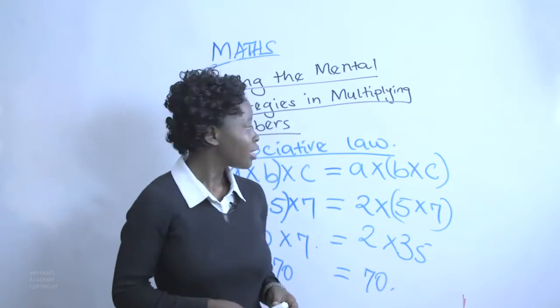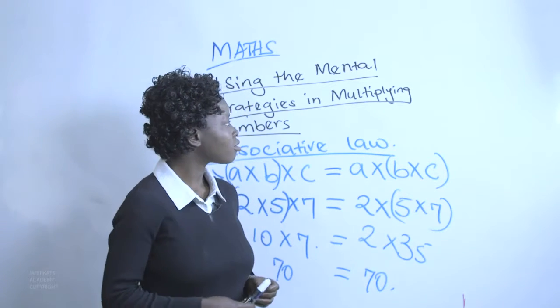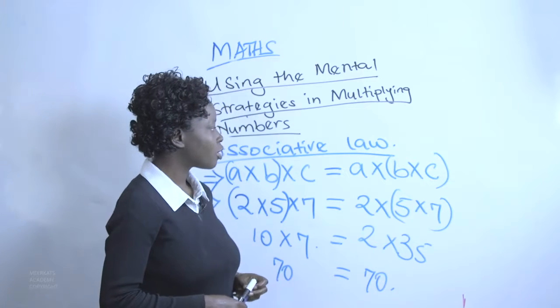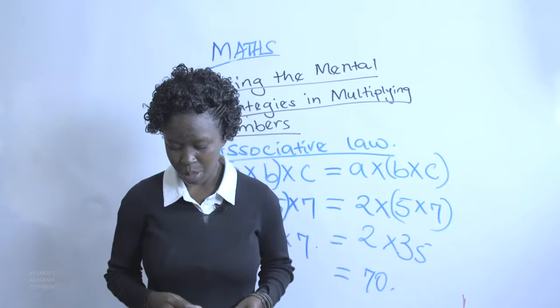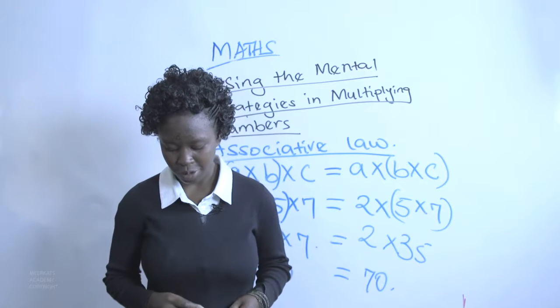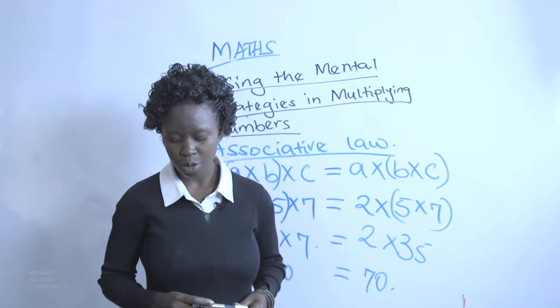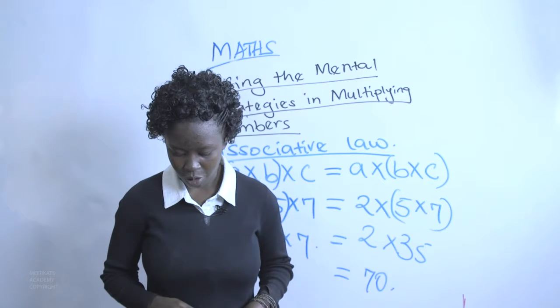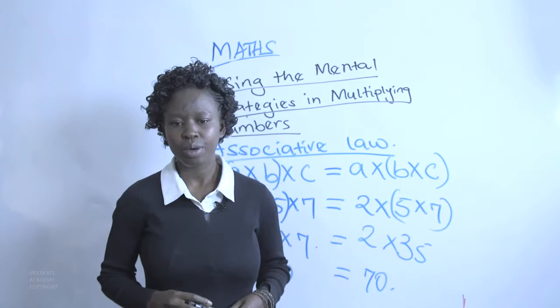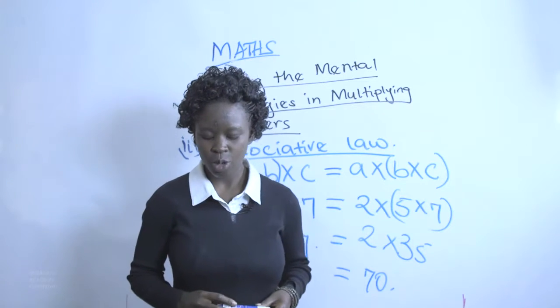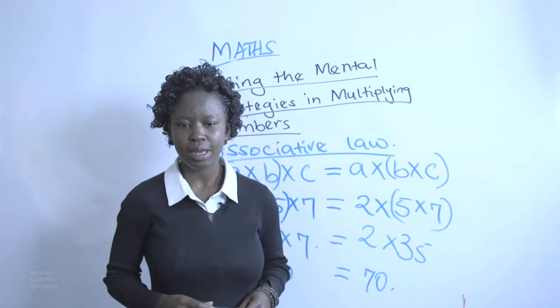So those are the 3 mental strategies that are used. We've talked about the use of memory from our multiplication tables, then use of the commutative law, and use of the associative law. With commutative and associative law, there are some cases whereby they can be combined.